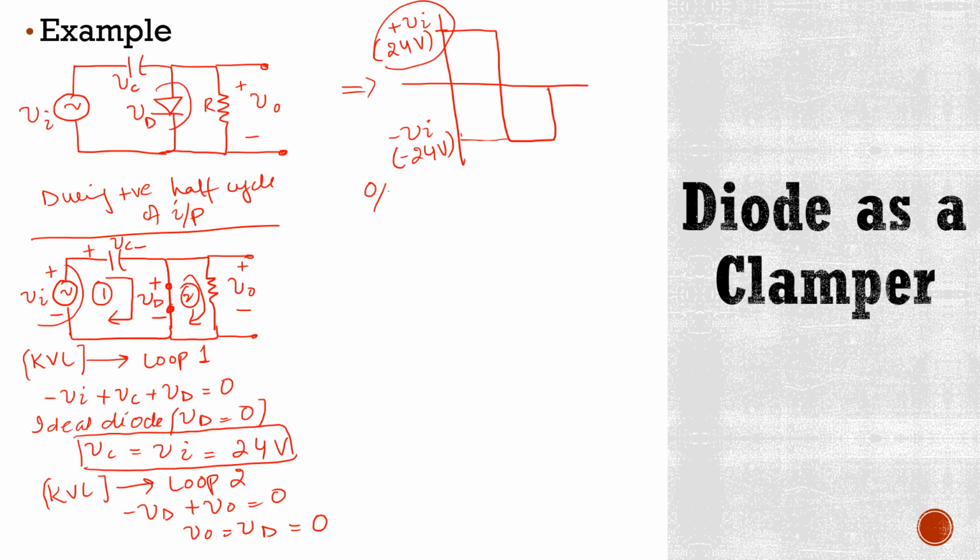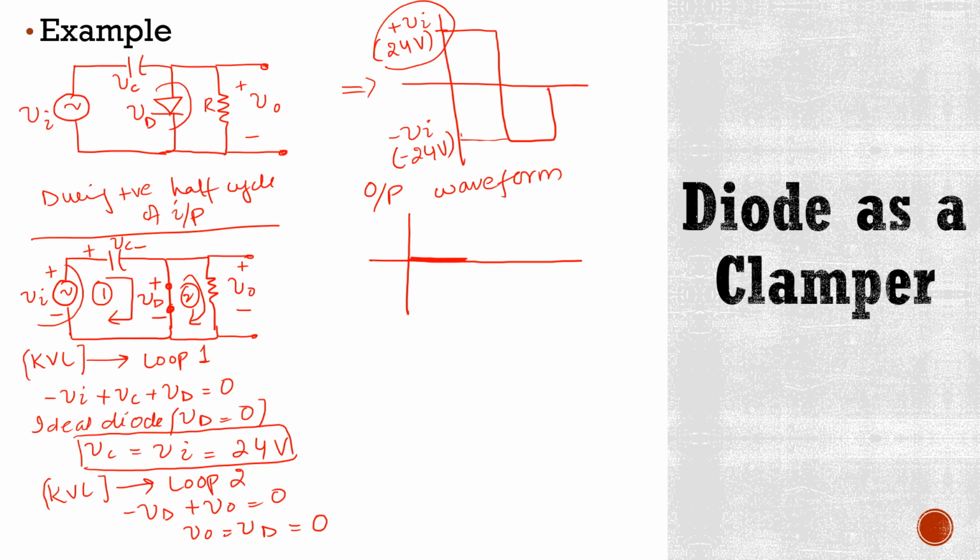So our output waveform during the positive half cycle of the input is 0 volts. It means that when this diode is forward biased, it will allow electric current to flow through it. This current will also flow through this capacitor and charge it, and the capacitor will hold this charge until the diode remains forward biased.